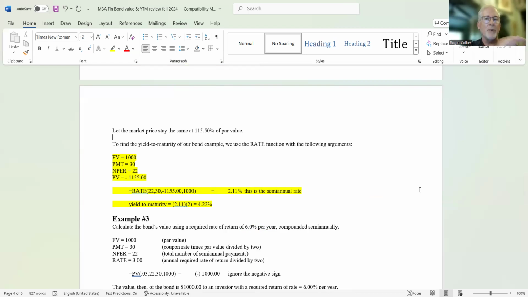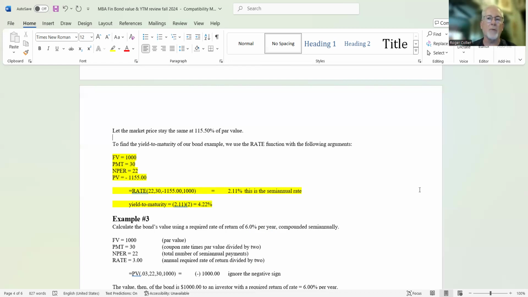I left the price the same and yield to maturity stayed the same. All right. So what does that tell us? That tells us that value is based on the required rate of return, but yield to maturity or expected return, that is based on the price.